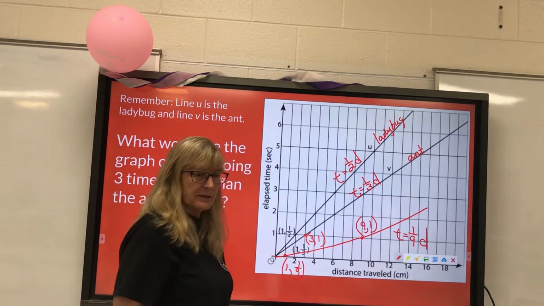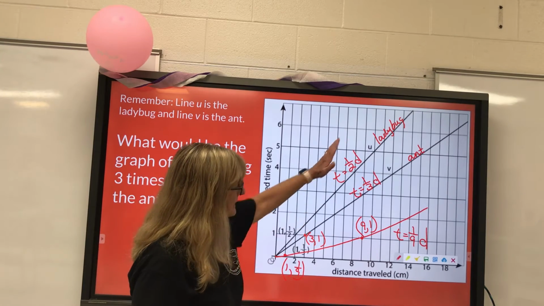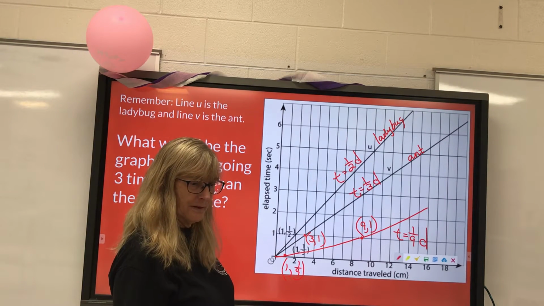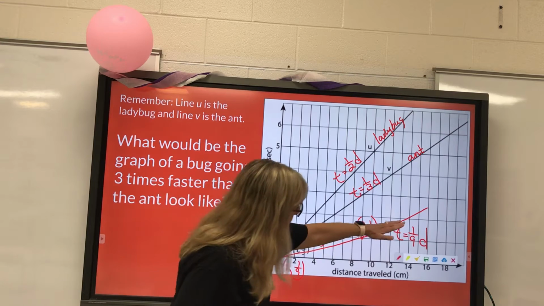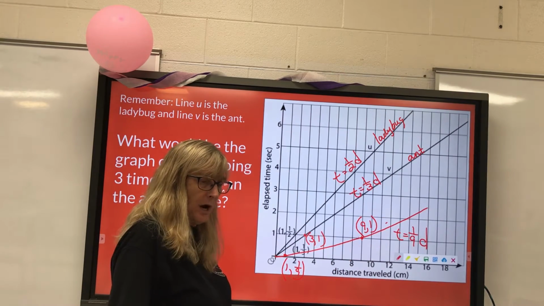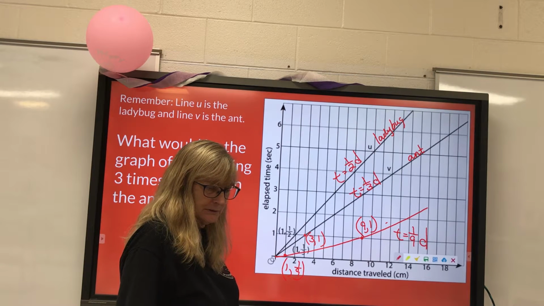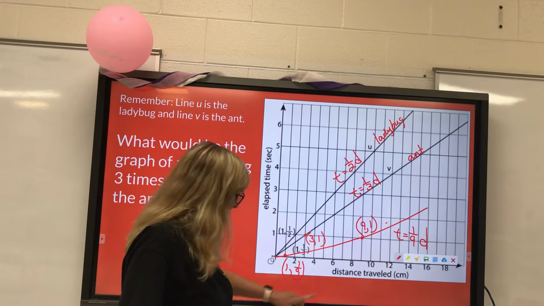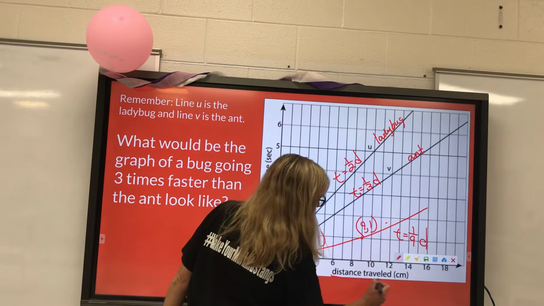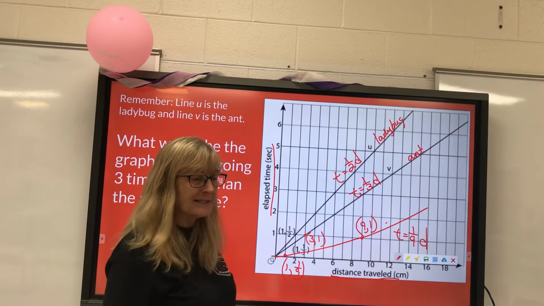Now yesterday I told you that generally if something was going faster, it was steeper. Why is this one, the new bug, the fastest one here, why is his not the steepest one? It's swapped. I put distance down here this time and time on the side.